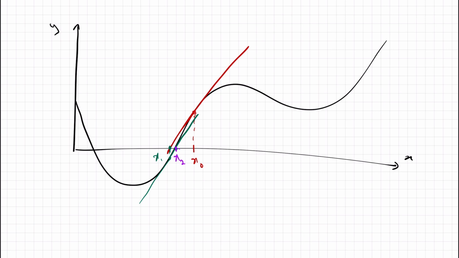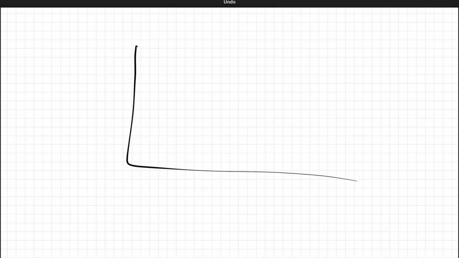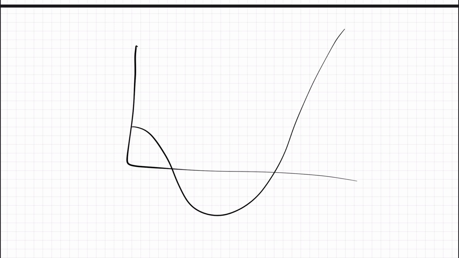Now, let's actually make some equations. So let me draw out another graph. Let's do something like this. And let's say we started over here, x0 is over here, and I'm going to call this function y equals f of x.